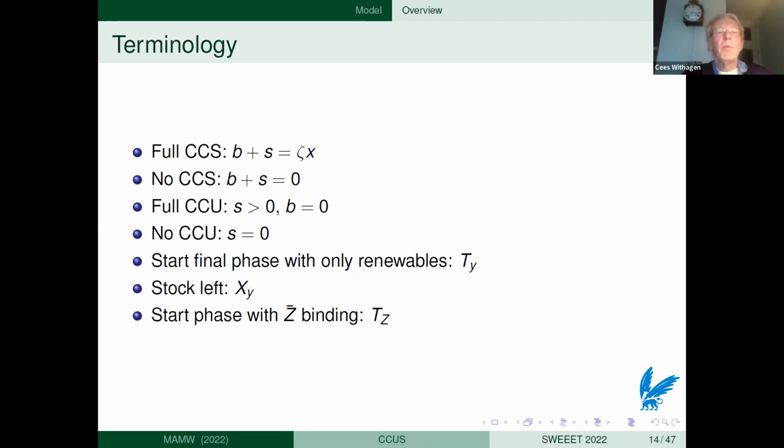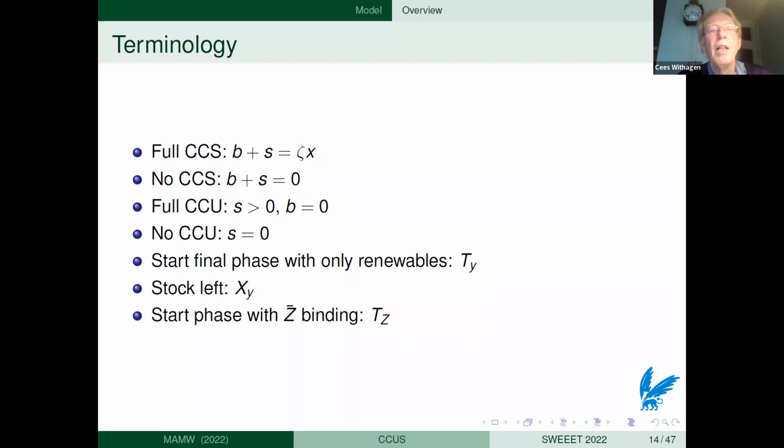We will show that there will be full carbon capture and utilization if all X is used in active wells. So B is equal to 0, nothing goes to inert wells, everything goes to active wells, and there is no carbon capture and utilization if S is equal to 0.